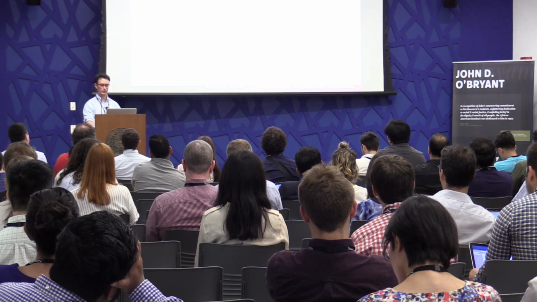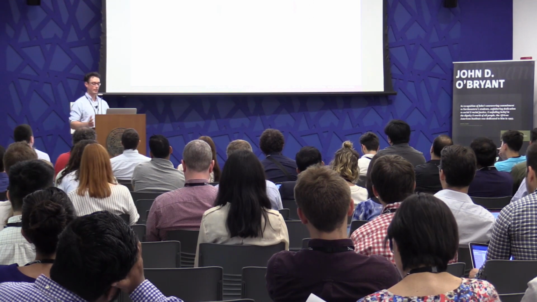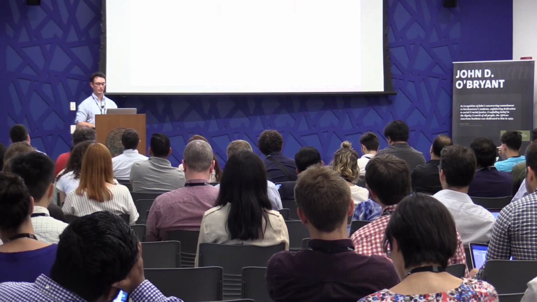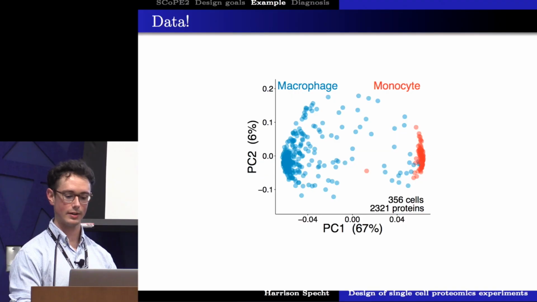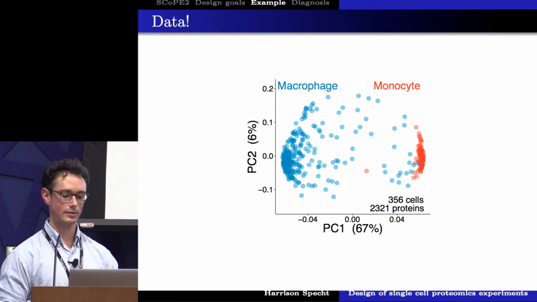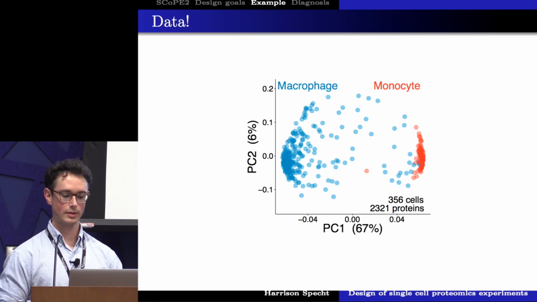So here we have sorted 62 SCoPE sets, and we acquired some data. It looks really good. We looked at a low-dimensional representation of all the proteins that we quantified in each of these single cells. We profiled about 350 single cells. We saw about 2,300 proteins in these. And based off those proteins, we were able to separate out the 2 different cell types.